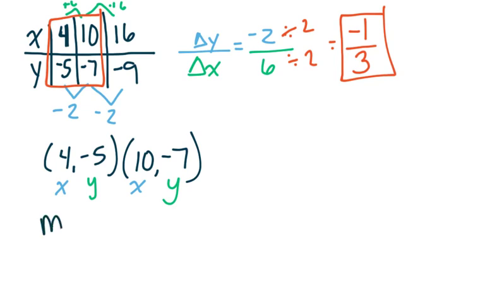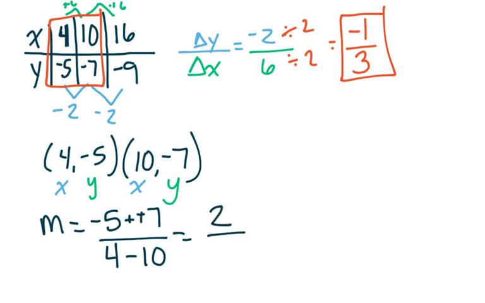So I have m equals negative 5 minus negative 7 over 4 minus 10. 2 negatives make a positive, so negative 5 plus 7 would be 2. 4 minus 10 would be negative 6. And then we need to simplify, so we know that 2 goes into both sides, so divide by 2. So I end up with 1 over negative 3 or negative 1 over 3.